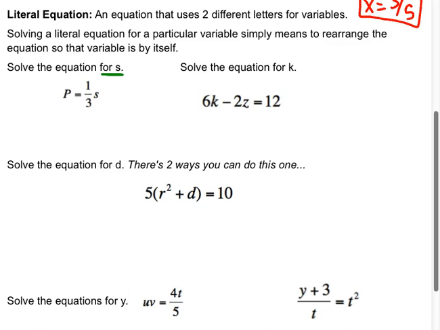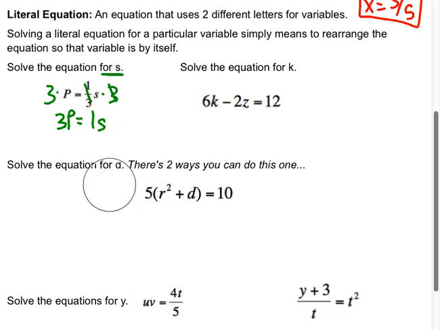So I do want to explore a slightly easier option. Rather than dividing by 1/3, couldn't I multiply both sides by 3? Because if I multiply both sides by 3, 1/3 times 3, isn't that just 1?